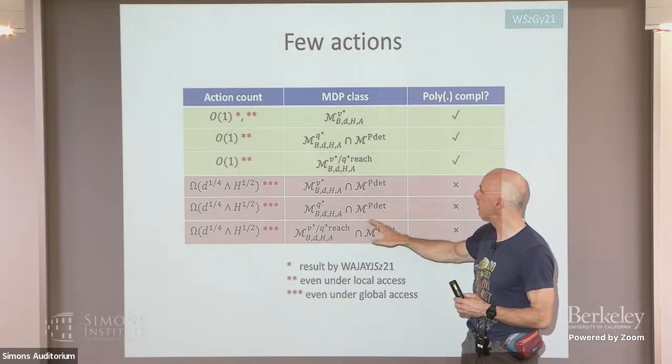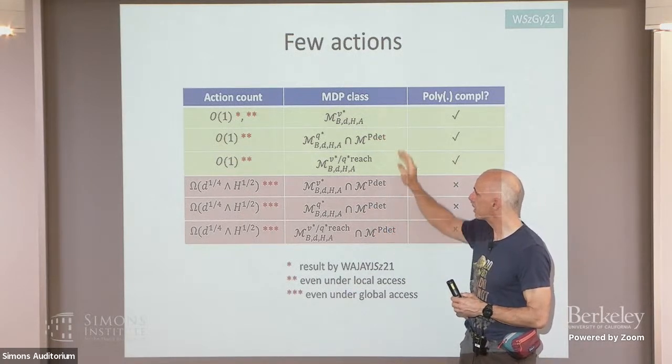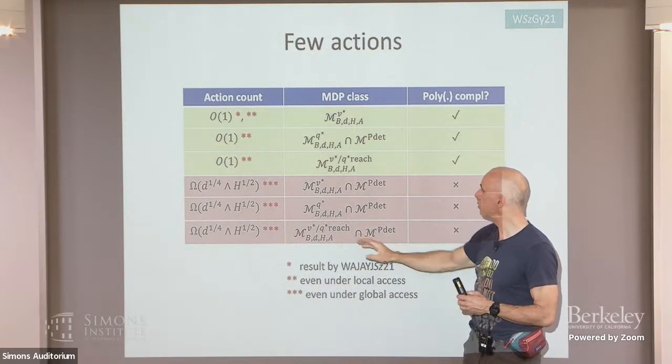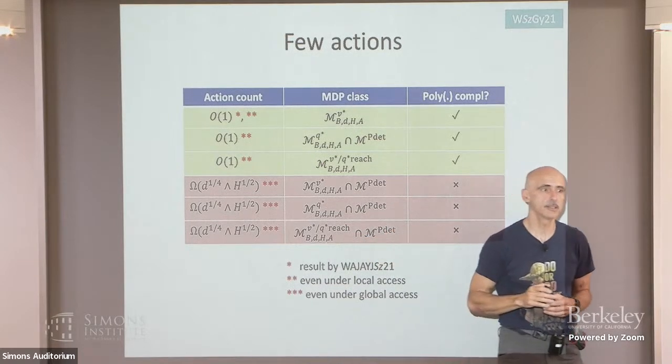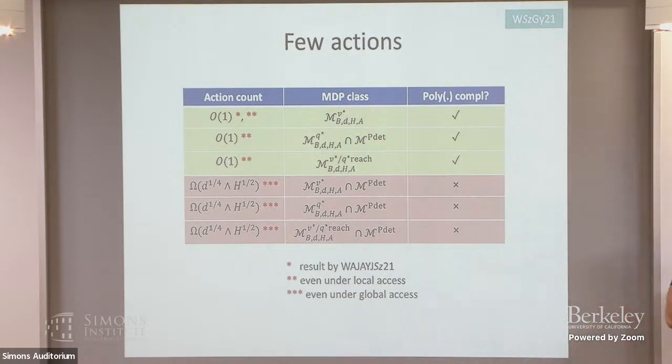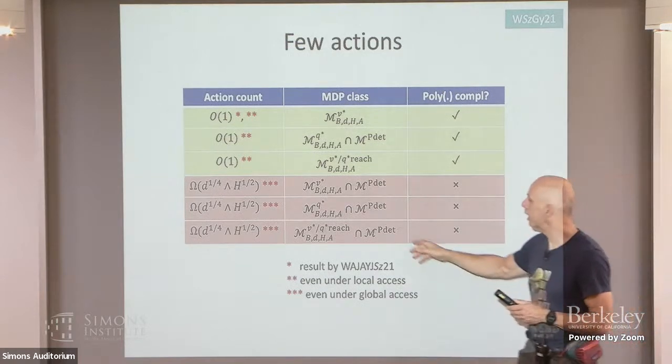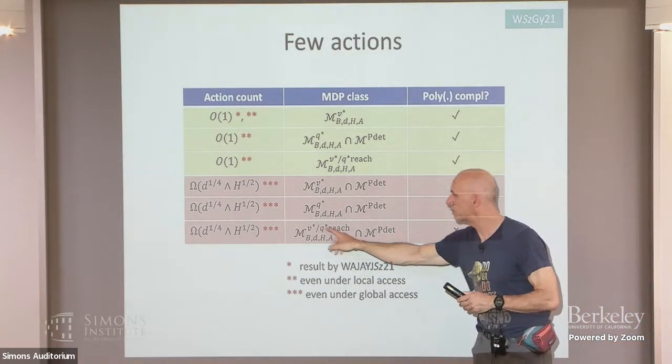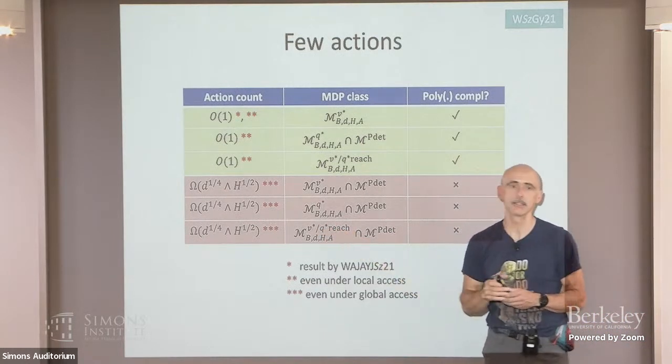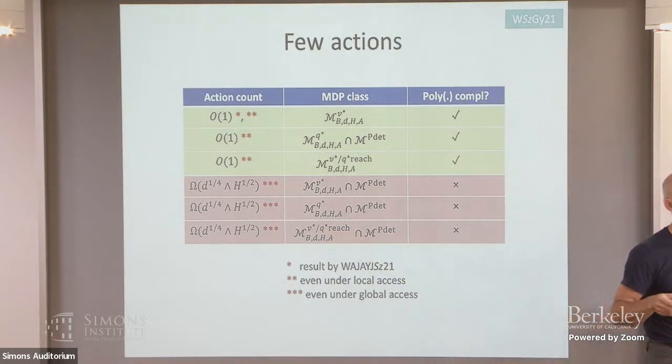Q star realizability, you get the negative result. And V star, Q star reachable realizability, deterministic transitions, you get a negative result. So notice that in the previous slide, we had this positive result on the global access for the same set, or under the stronger assumption that V star and Q star are realizable everywhere.